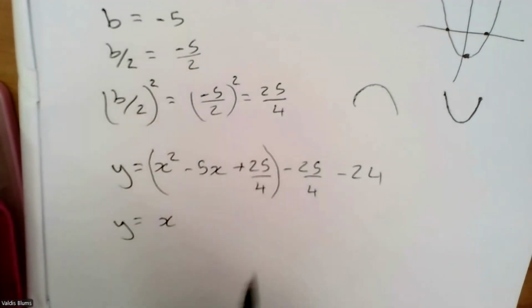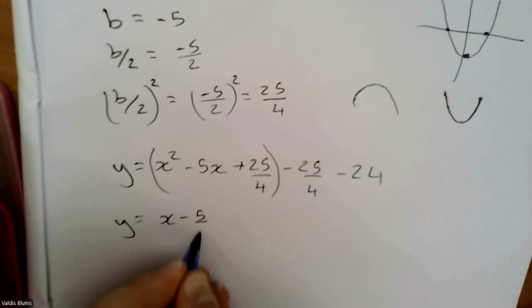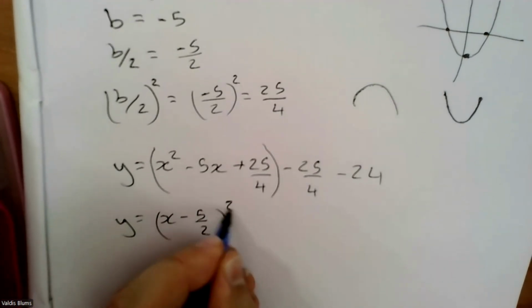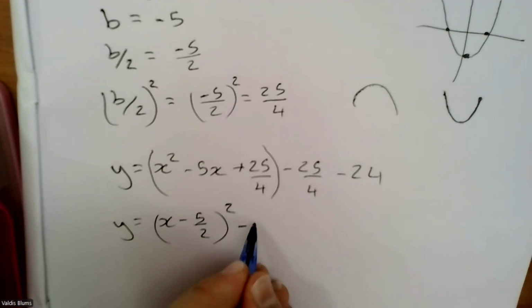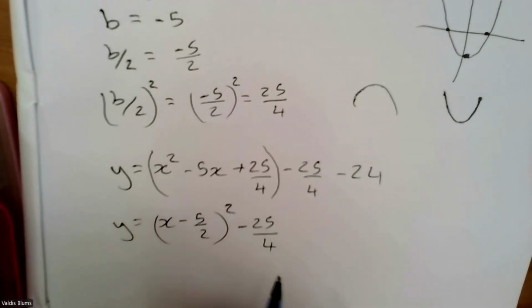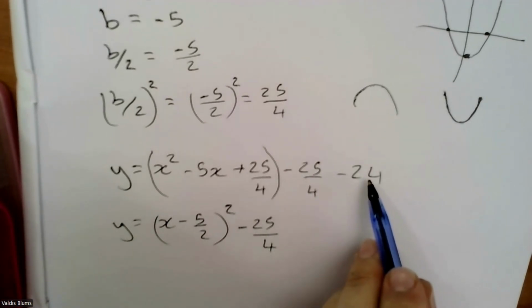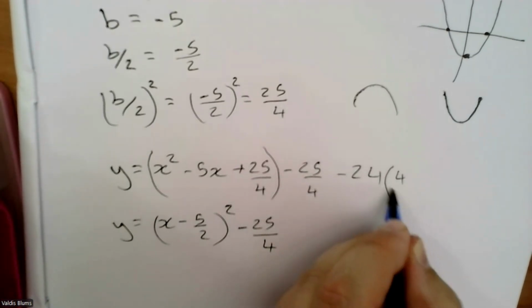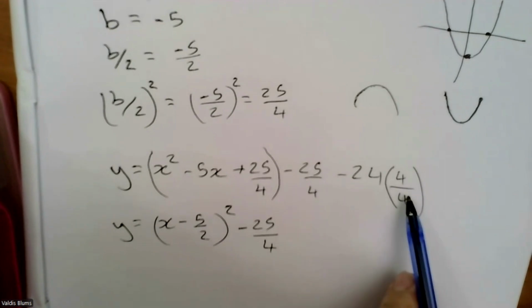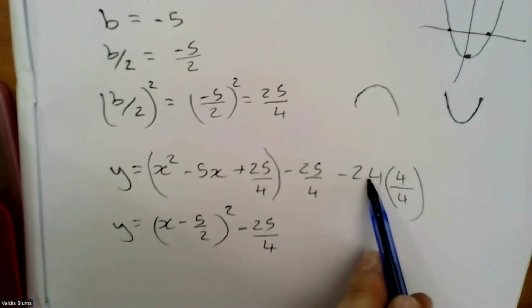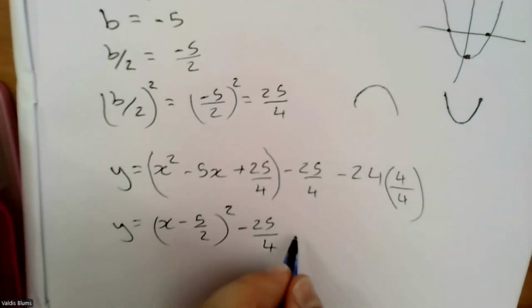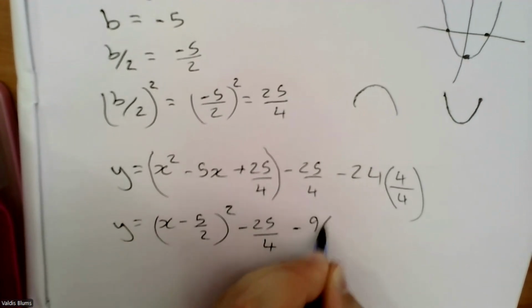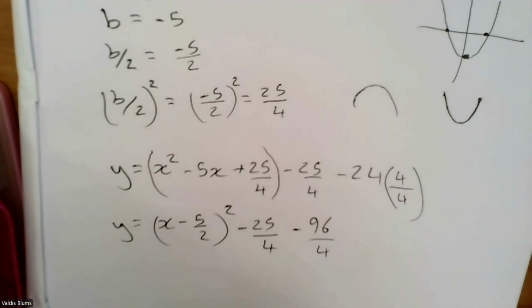Our b on 2 value is minus 5 on 2 in this case, minus 25 on 4. And when we combine these two, we're going to need a common denominator. So let's just scale this up to have that common denominator. So 24 times by 4, you should have 96 for that. So minus 96 on 4.